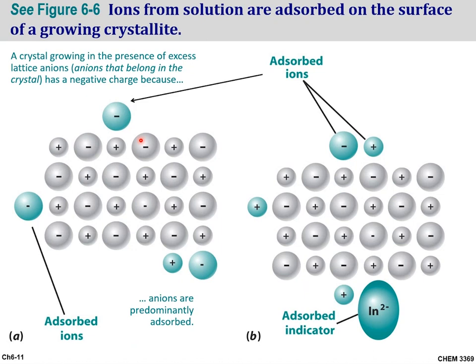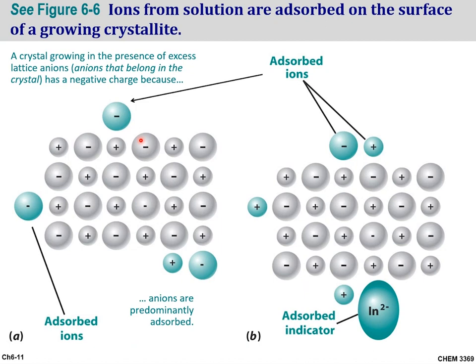Now, when you are past the end point, we will no longer have an excess of chloride ions in the solution. They will all be used to build these precipitate particles. We will have now an excess of the titrant, which is the silver plus ions.